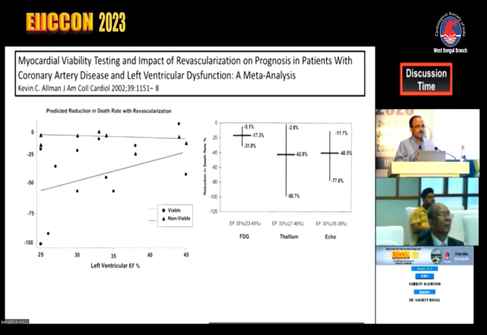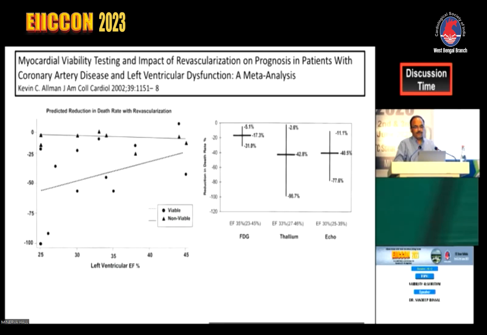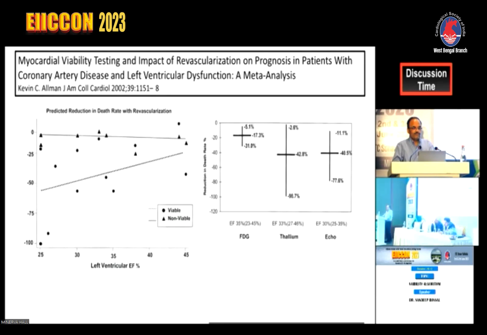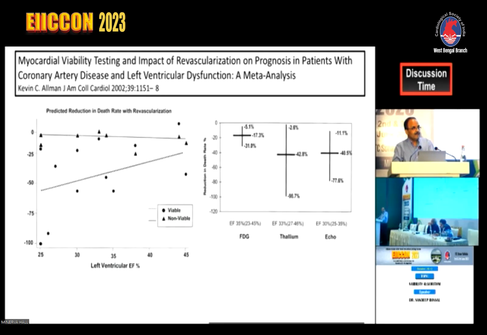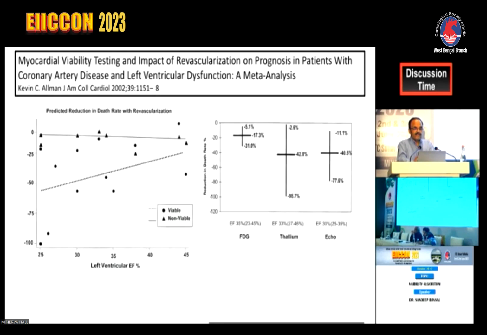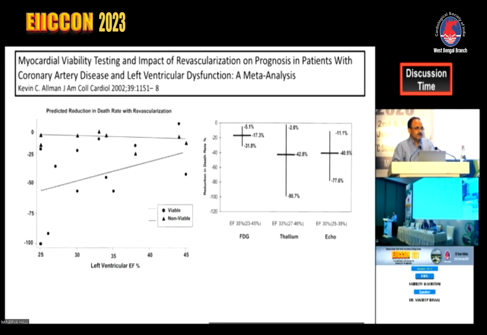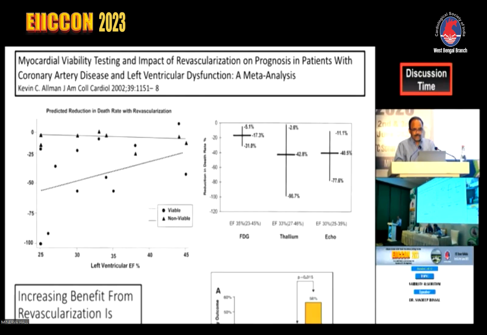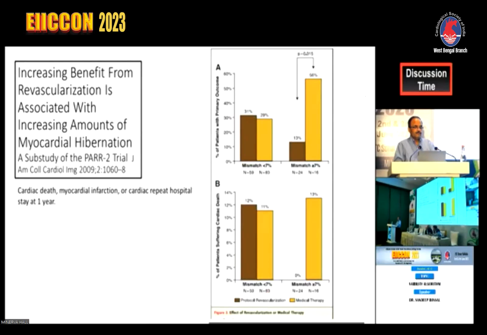What are the 95% confidence intervals? So what we find is that for thallium and TSC, there is a very wide scatter. We can see the vertical bars are very big. But for FDG, the vertical bar is very small, which means that the results are more consistent and more accurate. So that continues to be the method of choice.